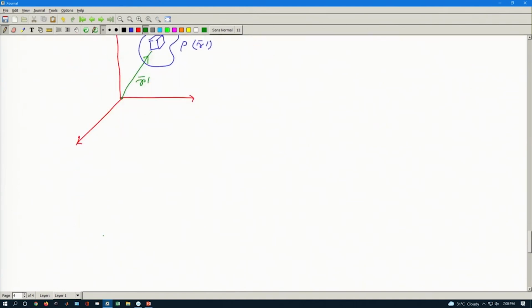Okay. So, now the monopole moment quickly. First, the monopole moment will be defined by q equal to the integration of rho r prime dv, which is nothing but the total charge.